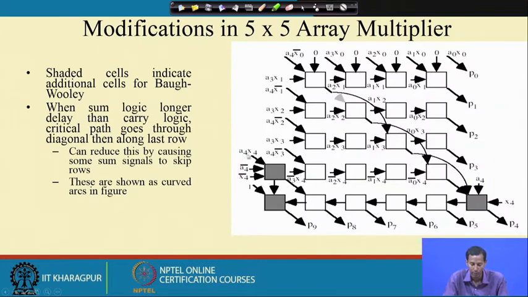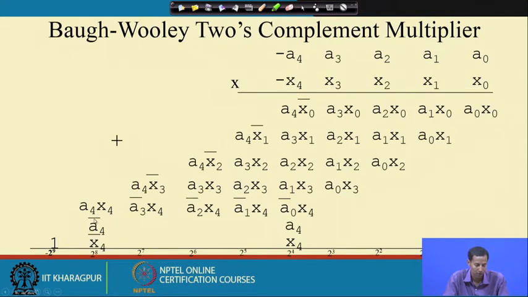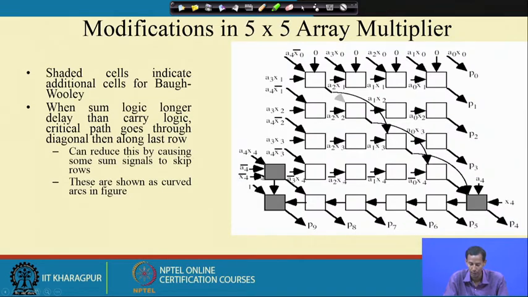So I need one extra processing element block, which takes the inputs A4 bar and X4 bar.